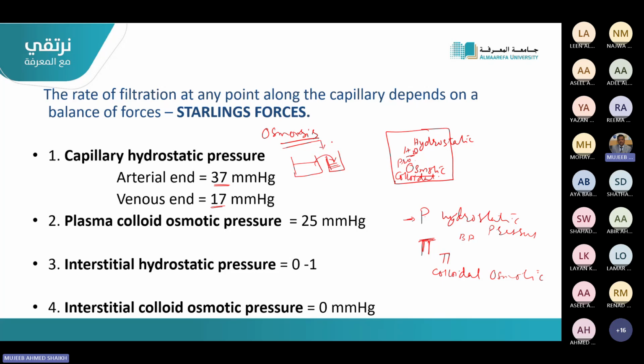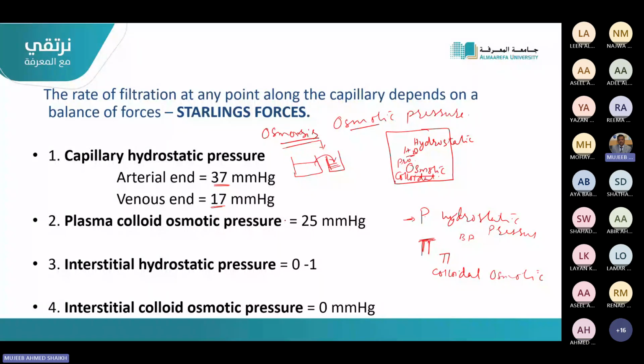Now come to the osmotic pressure. If you understand osmosis, you will understand osmotic pressure. What is osmotic pressure? It could be the pressure from high volume of blood to low volume of blood.